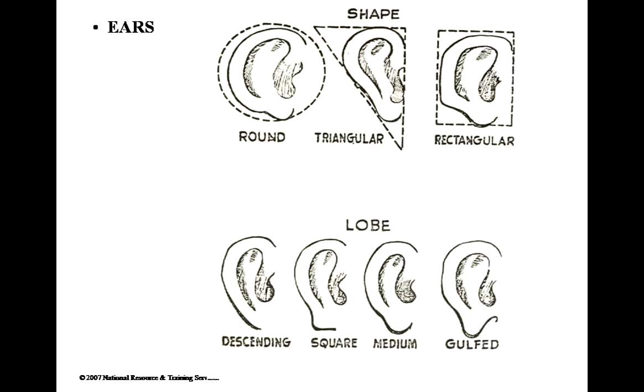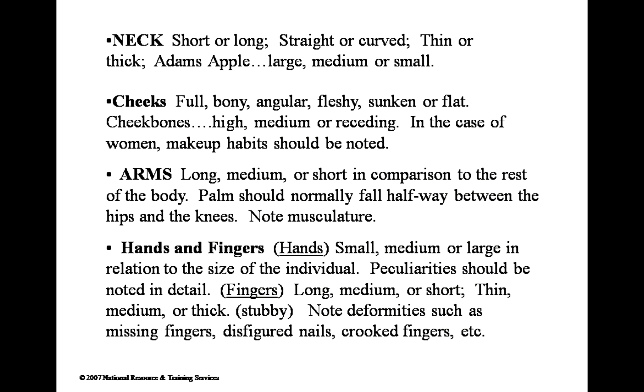A person's ears, the shape: round, triangular, rectangular. The earlobe: descending, square, medium, or gulfed. A person's neck: short or long, straight or curved, thin or thick, Adam's apple large, medium, small.